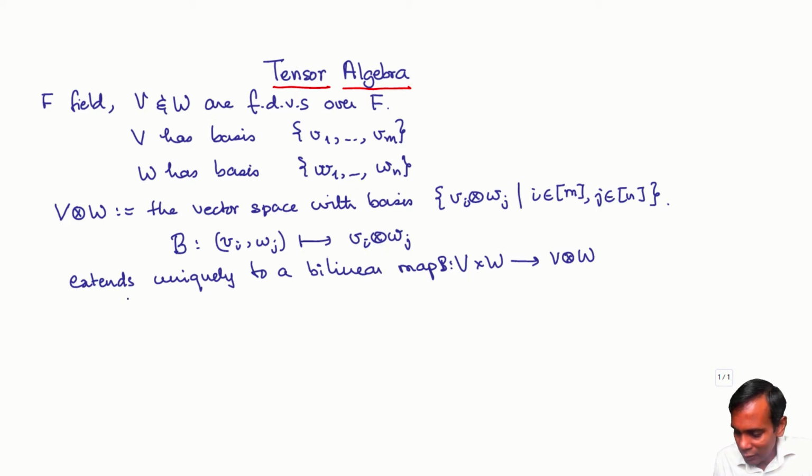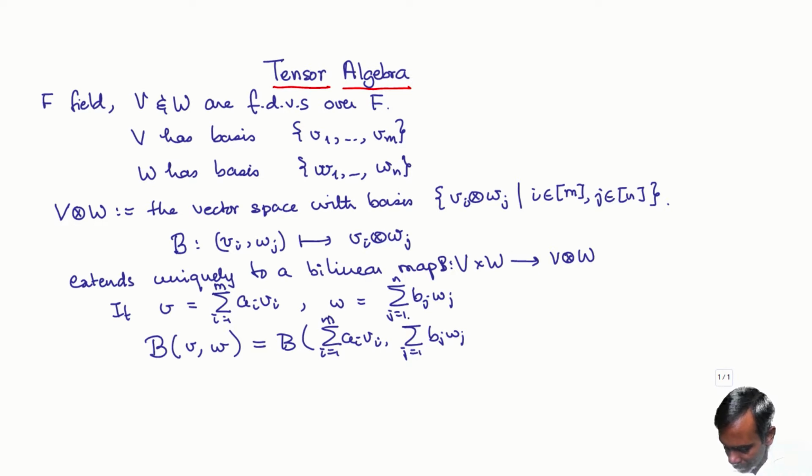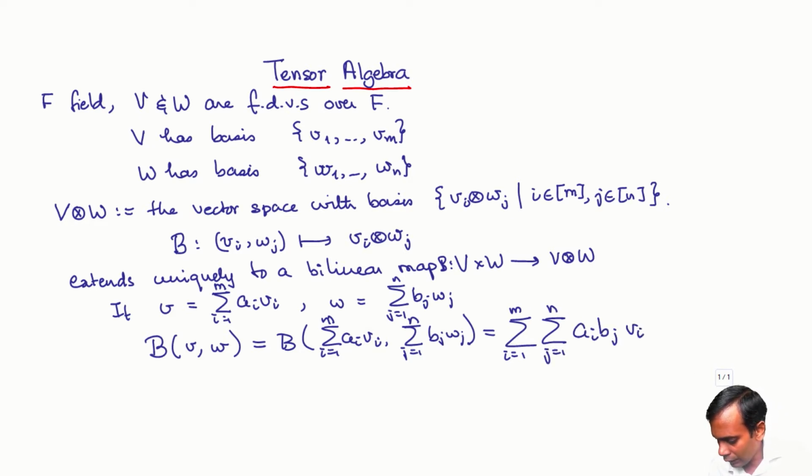A typical element of V cross W is of the form (v, w), where v is in V and w is in W. So if v is a vector in V, then v can be written as the summation ai vi, i goes from 1 to m, expanded in terms of our basis. w is the summation bj wj, j goes from 1 to n, and then we can define B of (v, w) to be B of (summation i equals 1 to m ai vi, summation j equals 1 to n bj wj), and using bilinearity you see that this is forced to be the double summation, i goes from 1 to m, j goes from 1 to n, ai bj vi tensor wj.